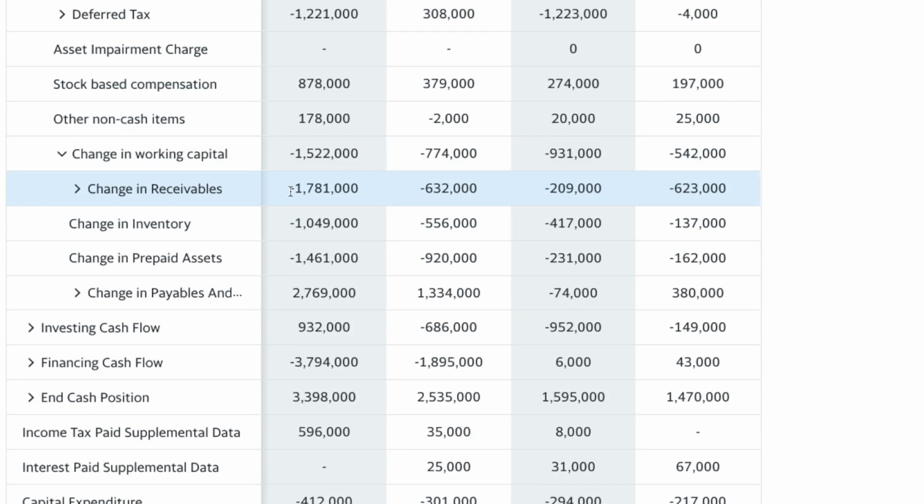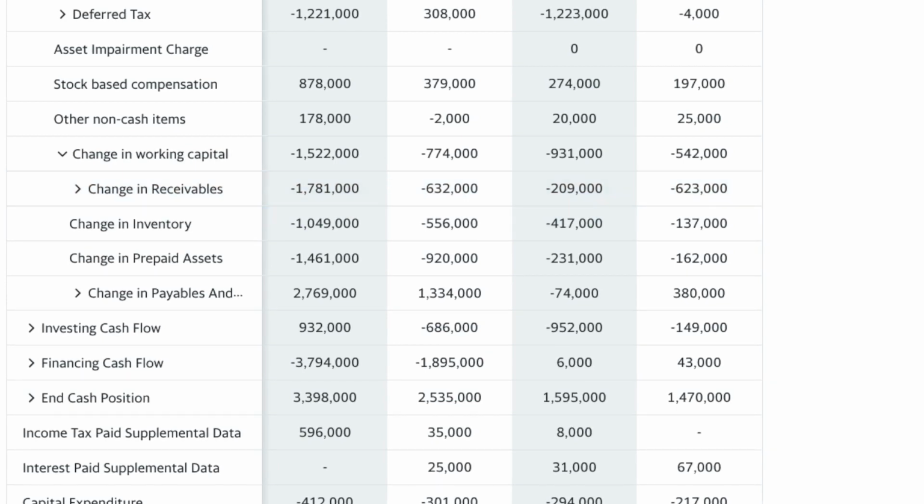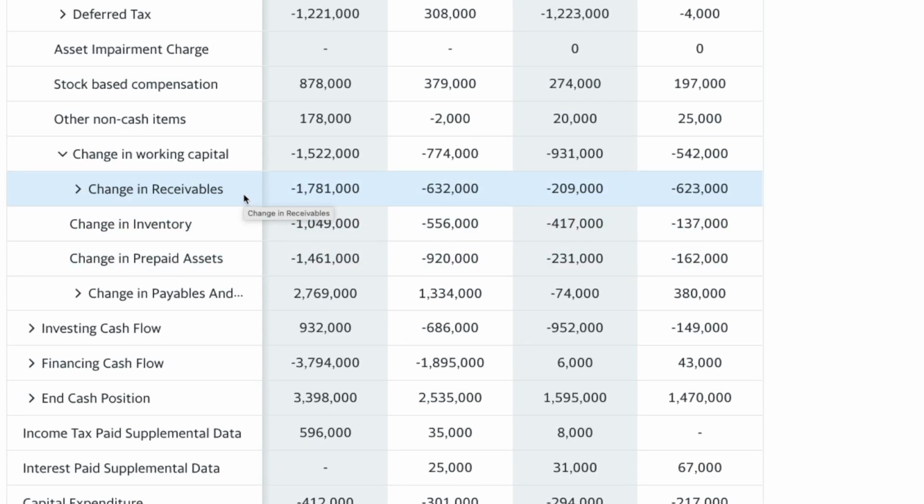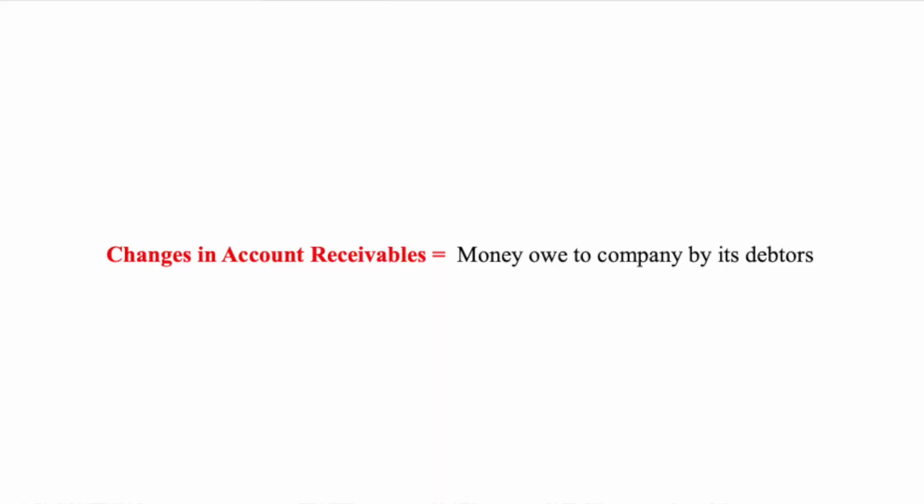First is the very high value of change in receivables, which is minus $1.7 billion. Let me give you an example of what change in receivable is. Receivable is, by definition, the money that is owed to the company by its debtors.